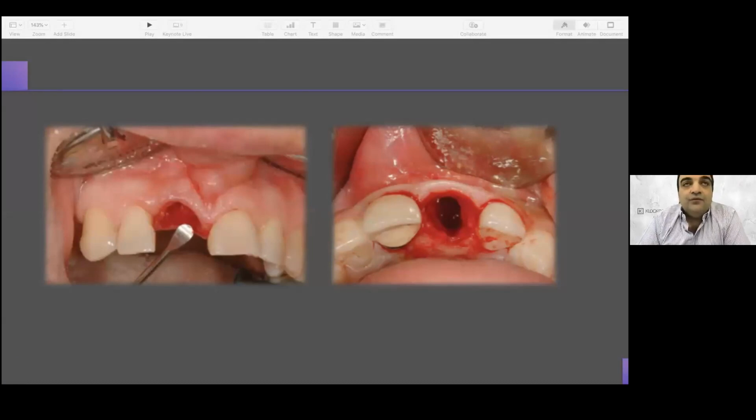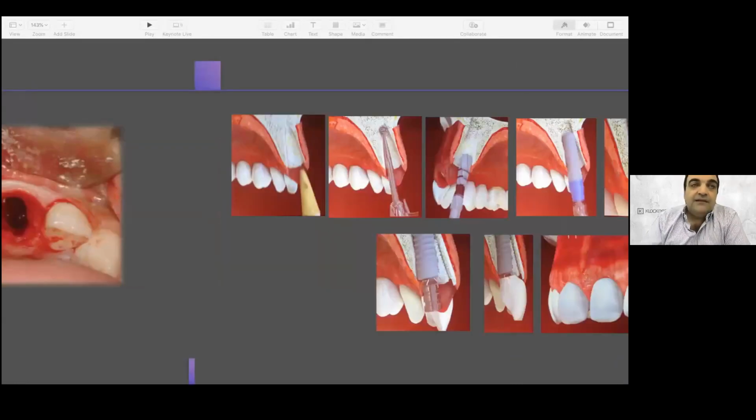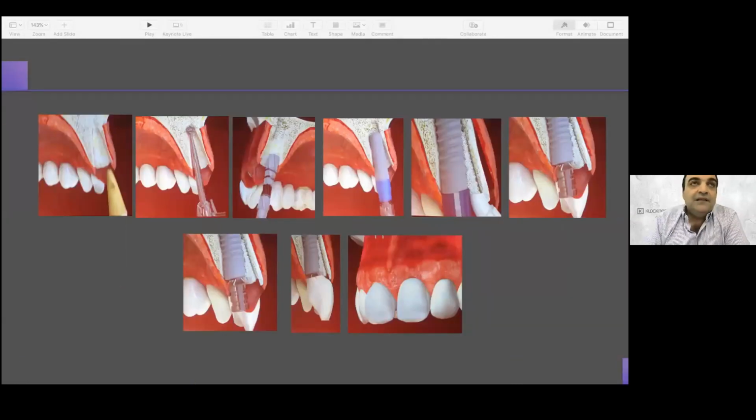We have to have a very clean socket before starting the preparation for our implant placement. And only after that we are going to start preparation for our implant placement. We start with a round burr or our lance drill, then with our drill, and then we are going to place our implant.